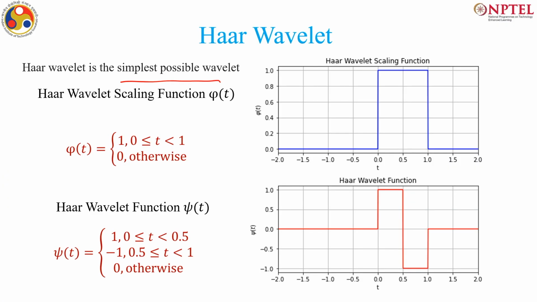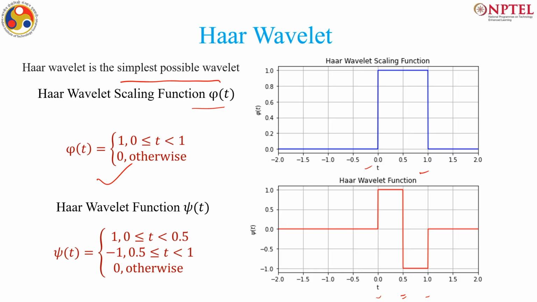So, what is the Haar scaling and wavelet function? The Haar scaling function is this. It has a value of 1 from 0 to 1 and it is 0 otherwise. And what is the Haar wavelet function? It has a value of 1 from 0 to half and minus 1 from half to 1 and it is 0 otherwise.